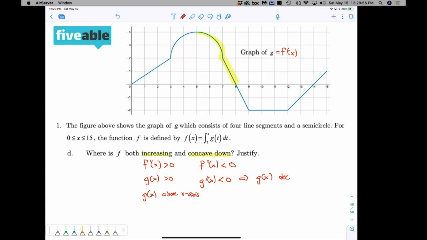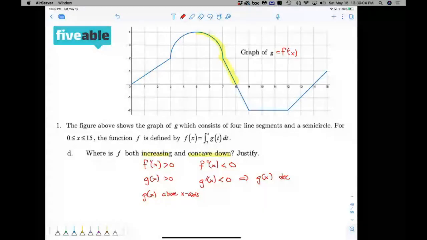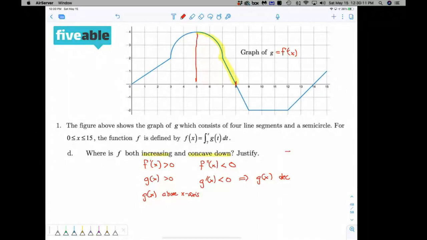Where is this function both increasing and concave down? This guy is going to be increasing on that interval and concave down on that interval. So it seems it starts at 5 and it ends at 8. Okay, so the answer to our question here is 5, and then we're going to go all the way until 8.